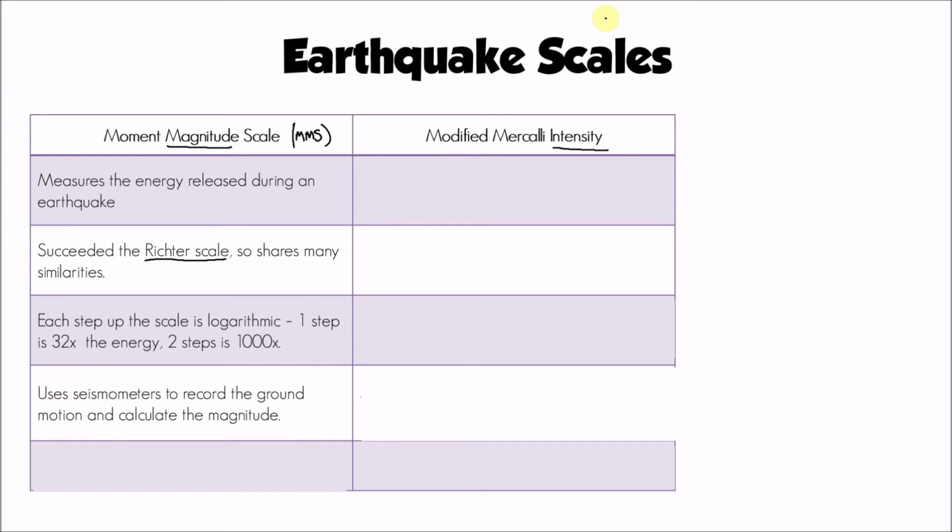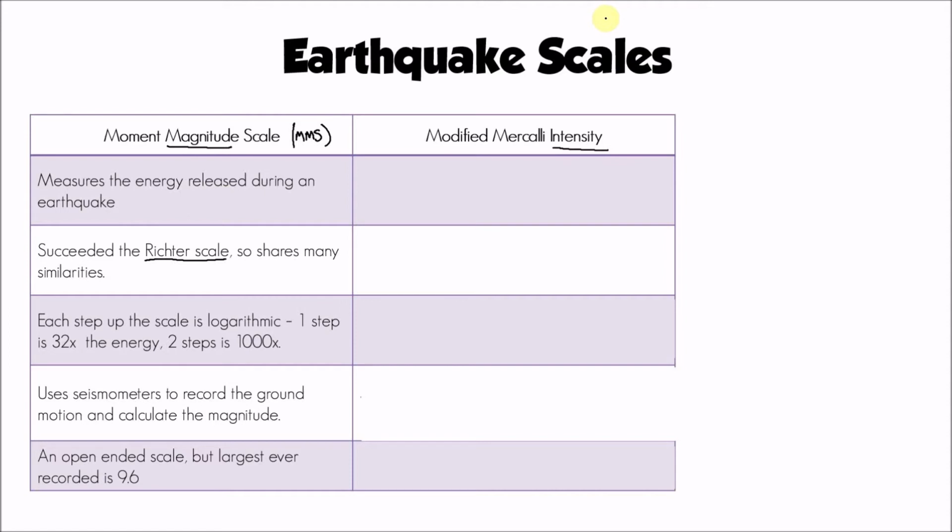The MMS, or the magnitude of an earthquake, is recorded and determined using seismometers. These are sensitive computers that record the ground motion, and by working out how much the ground has moved, they can then calculate how much energy was needed to cause that much ground motion. In theory, the moment magnitude scale is open-ended.